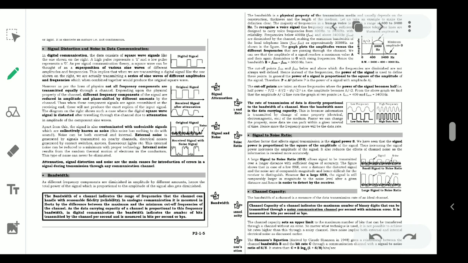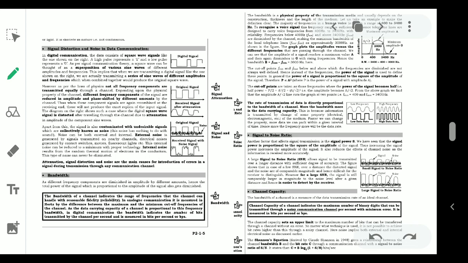You can treat bandwidth as a physical property of the transmission media. It is the difference between Fmax and Fmin, where Fmax is the highest frequency and Fmin is the lowest frequency.